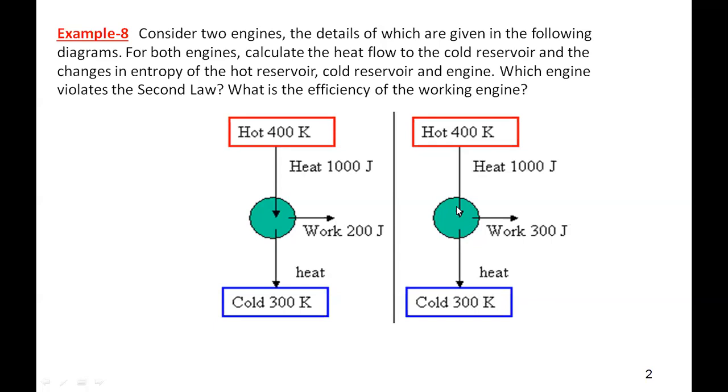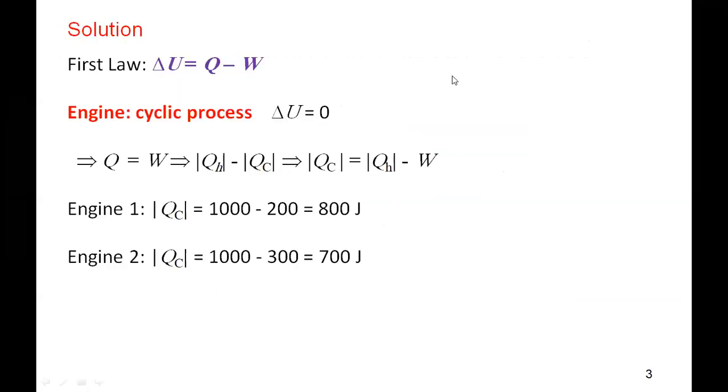Okay, calculate the heat flow to the cold reservoir and the change in entropy of the hot reservoir, cold reservoir and engine. Which engine violates the second law? What is the efficiency of the working engine? Okay, we start with the first law of thermodynamics.